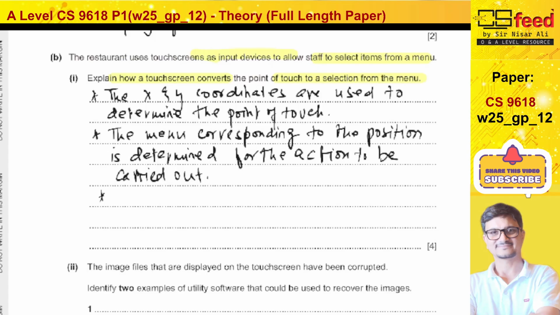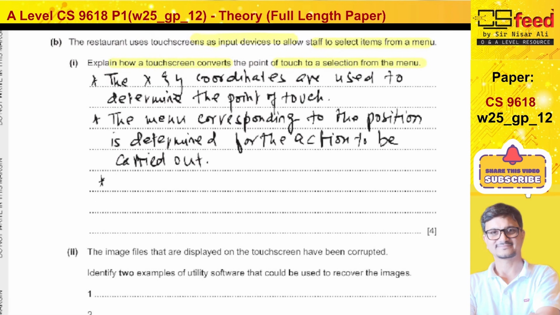Now what we have to write more is how these screens which are touched work.